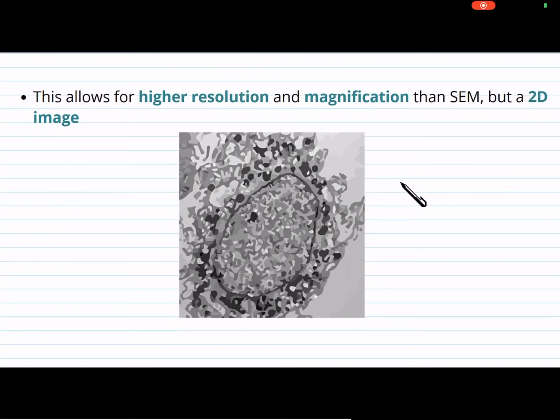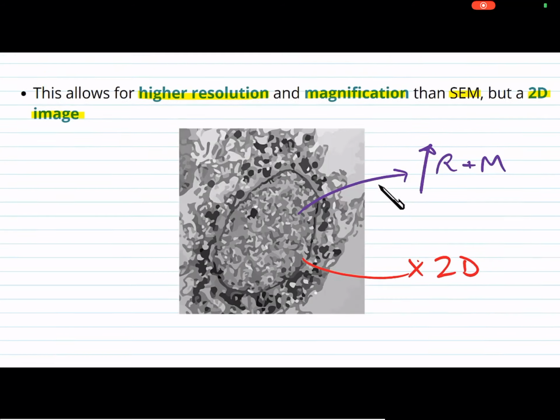The benefit of this is that we get a higher resolution, so more detail and a higher magnification compared to scanning electron microscopy, but this time we only get a 2D image because it's gone straight through in the same orientation. So this one has a lot more resolution and magnification, but the downside is that it is 2D as opposed to 3D. However, this might be useful in certain situations.